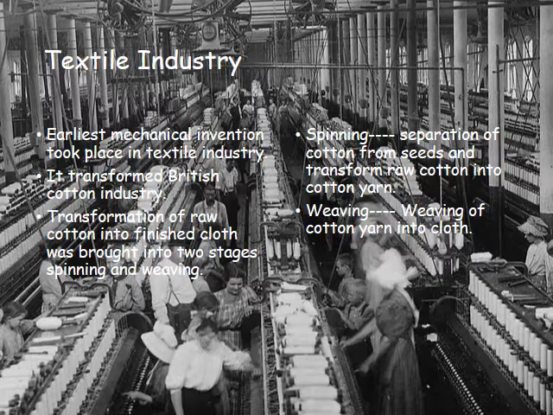The transformation of raw cotton into finished cloth is brought about in two stages: spinning and weaving. The spinning process involves the separation of cotton from its seeds and transforming the raw cotton into cotton yarn. The weaving process involves weaving of cotton yarn into cotton cloth.